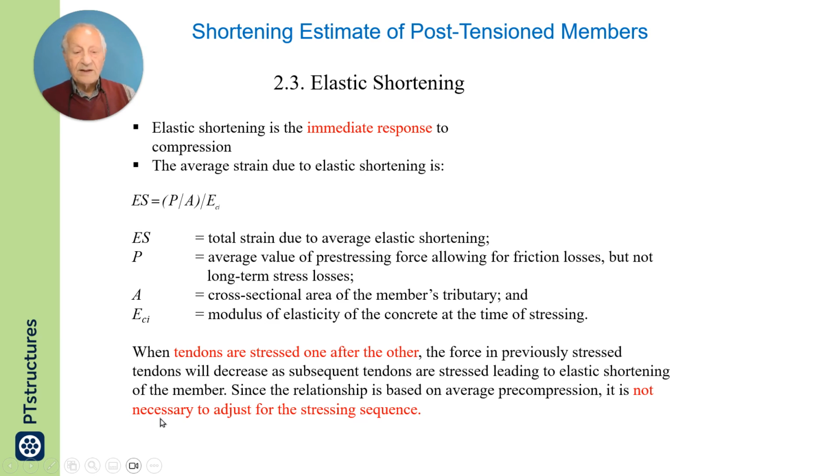It is not necessary to adjust for this. Now, why does it say here you need not make any adjustment even though you know it? Because the expression which is derived is based on final average precompression long term when every strand is stressed.